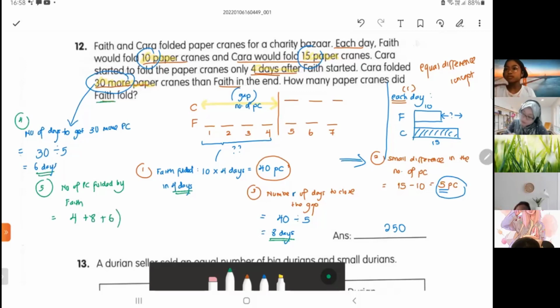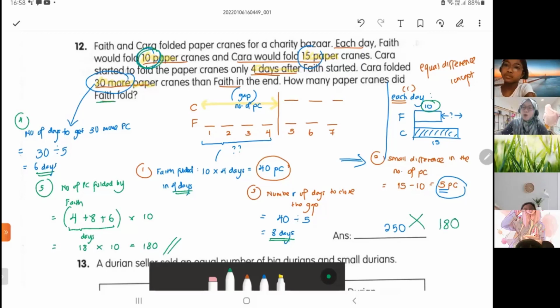These are the days, all right, times 10, because 10 is what she folds in one day, right? So you are going to get 18 times 10 equals 180 paper cranes. Answer is 180. All right, equal difference concept.